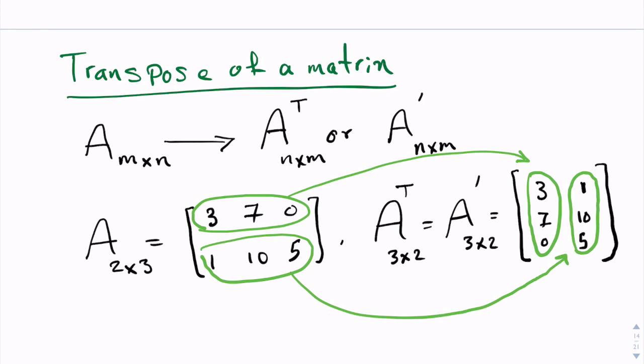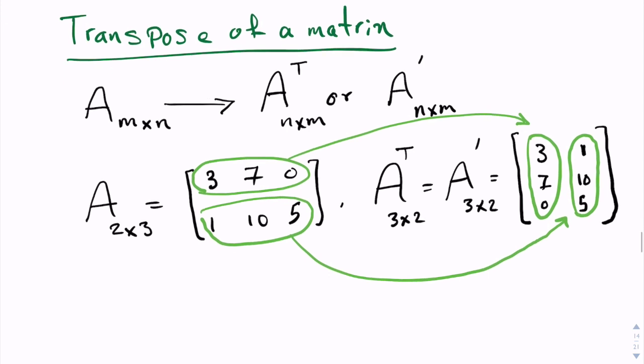The transpose operation has a couple of properties. If you have a matrix A, take its transpose and then transpose the transposed matrix, you get the original matrix. I just dropped the dimensions for the sake of simplicity.